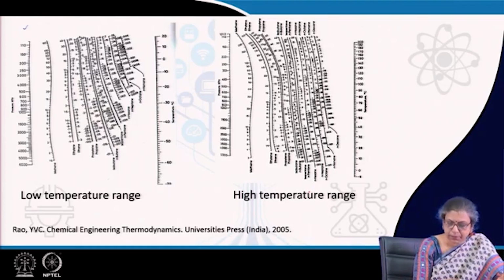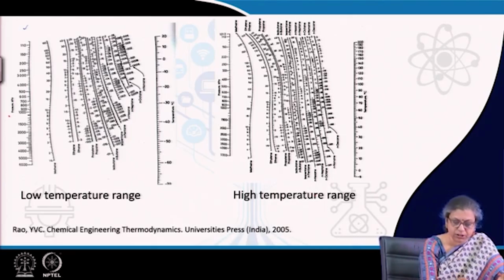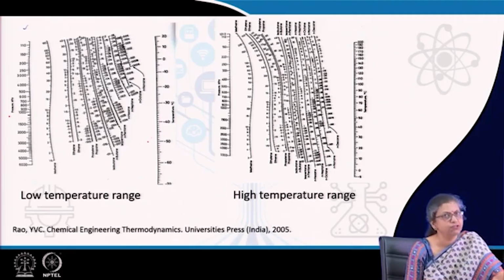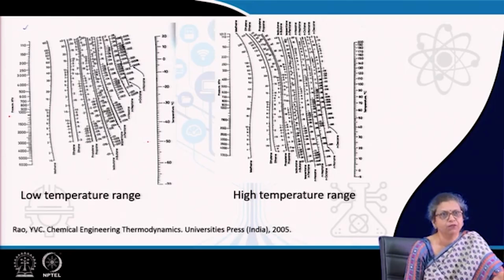Typical K values have been shown in this slide, where if you know the pressure and the temperature, you can very easily find the K values for different hydrocarbons. Once you can find the K values, you can find the alpha values and generate the vapor liquid equilibrium data. For other substances, as we go into distillation, you will find that quite often we give you the data on alpha, right.